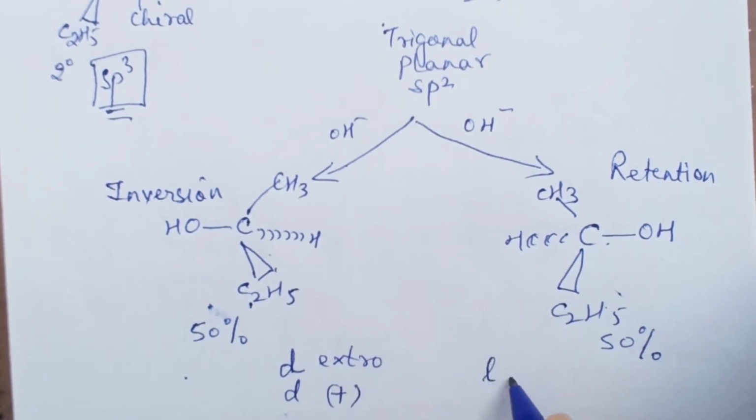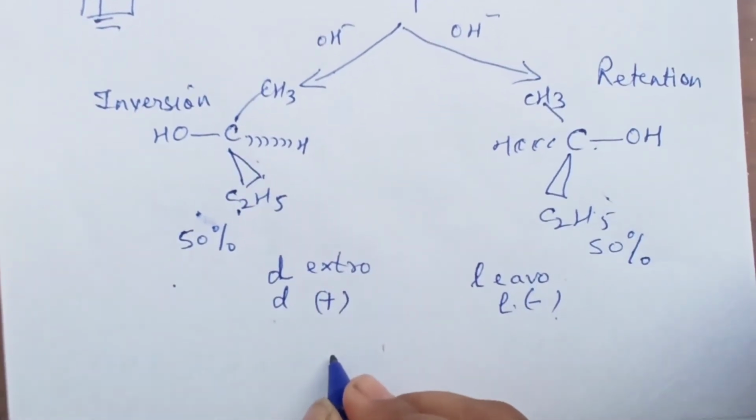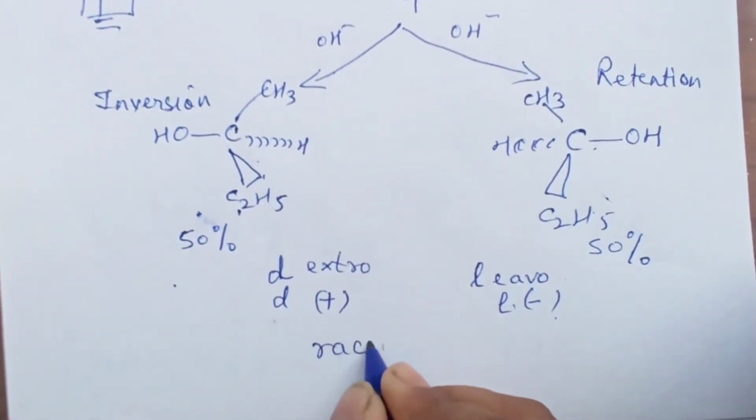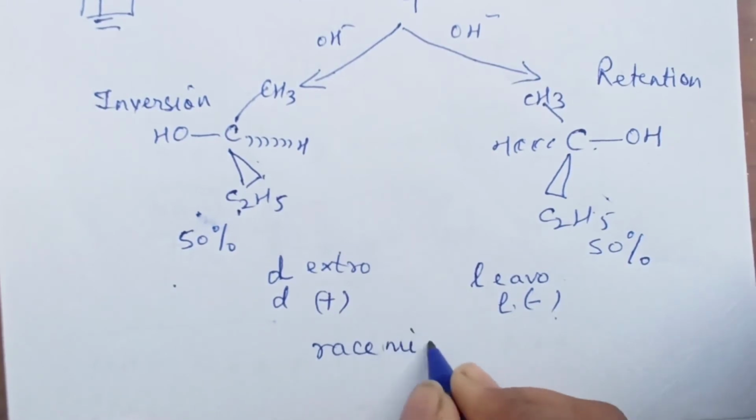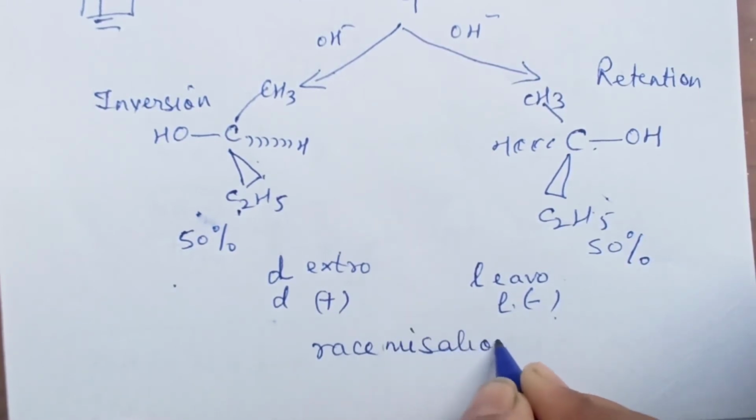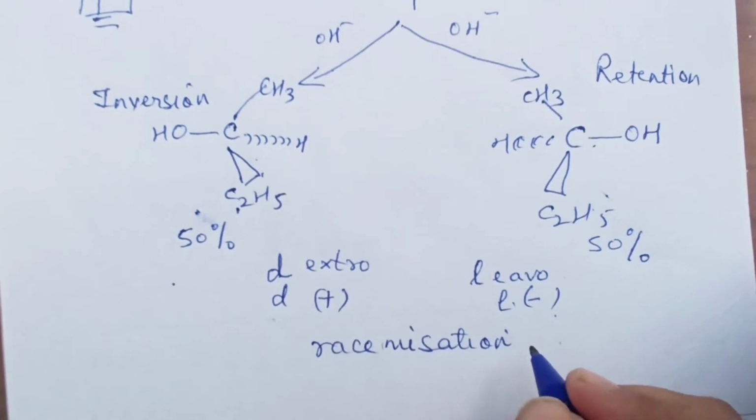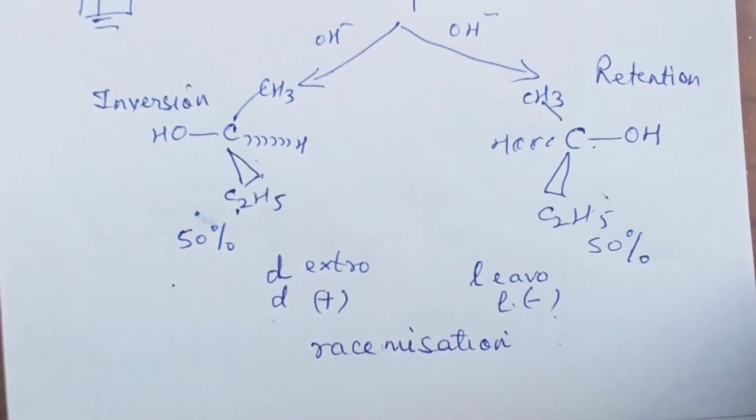Another one will be the levo isomer, which we write with a small l or minus. So when both are obtained, we can say that there is racemization, or that a racemic mixture is obtained in the SN1 mechanism.